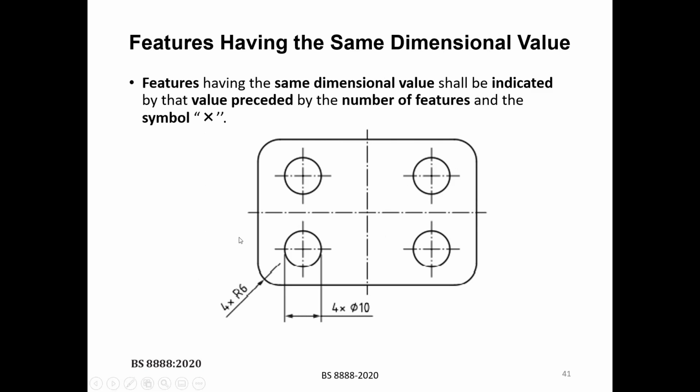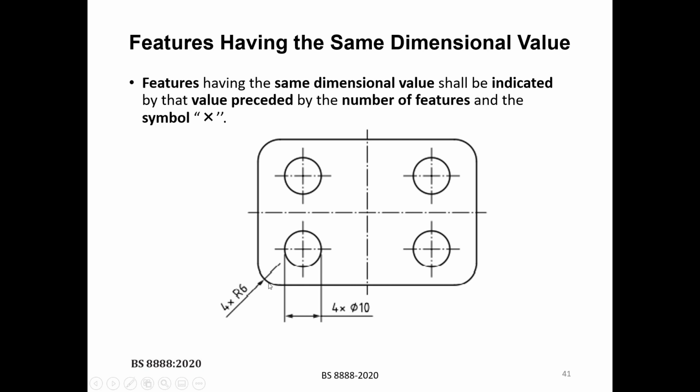On the other hand, we've just spoken about this before, but if you have identical features, for example here you have 4 holes and they all have the same diameter, we can simply pick one of them and say 4 times phi 10, meaning that this hole and every other hole of the 4 has a diameter of 10 millimeter.